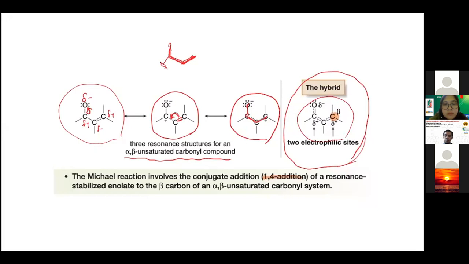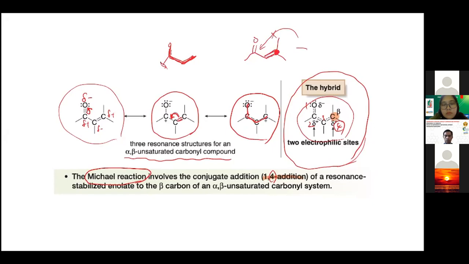So 1, 2, 3, 4. This is the 4 position here. So it's called the Michael reaction. When you find an alpha, beta unsaturated moiety in a molecule, the nucleophilic attack happens here, not here, because of the additional double bond here.